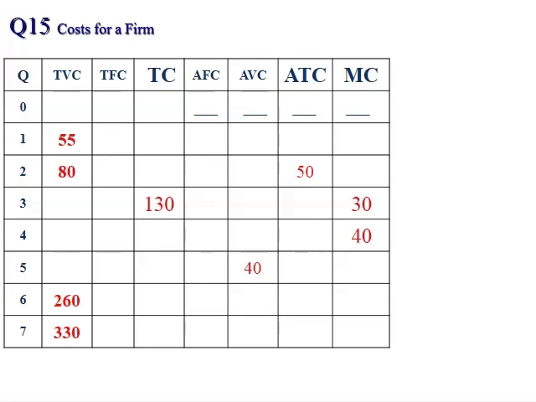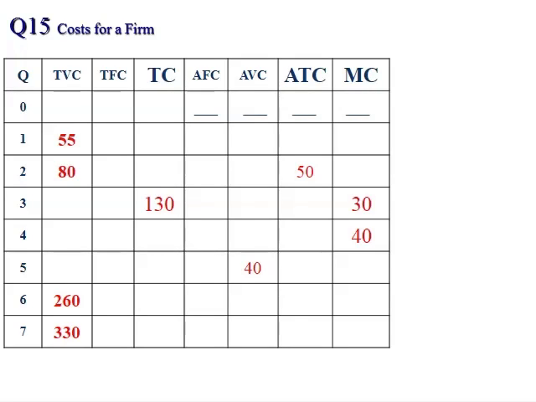And you know, total variable cost plus total fixed cost equals total cost. And then you can see another correlation between average fixed cost plus average variable cost equals average total cost. And then marginal cost, of course, is calculated by looking at the change in total cost.